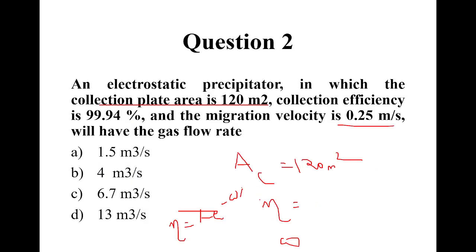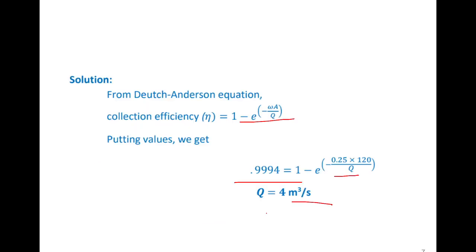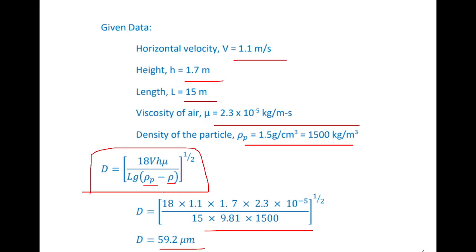Thus efficiency is 98.94%, 0.9994. Just find gravity settling chamber. Now only I have said this formula you can use and you can easily find the minimum size of the particle.